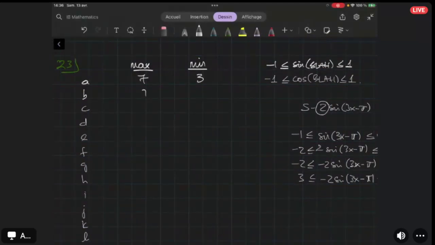Yes. What's the part? C. What's the max? What's the min? Good. They're all the same. Changing the period doesn't change anything, right? At the end of the day, you just make it go faster or slower, but you're not stretching it vertically. Same answer.